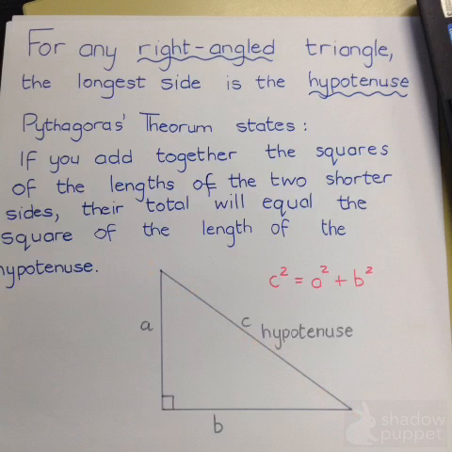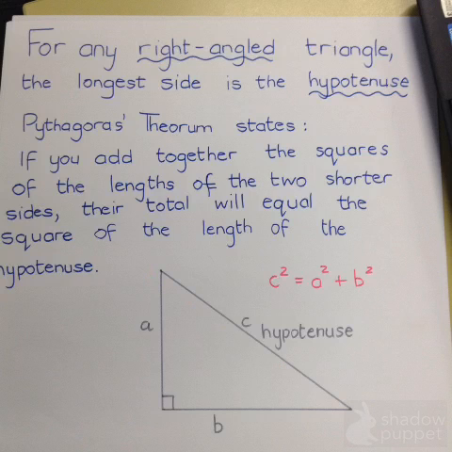The theorem states, if you add the squares of the lengths of the two shorter sides, so if we're talking about the square of that length and the square of that length, the total will equal the square of the length of the hypotenuse. So if you add the square of that to the square of that, you should get the square of the length of the hypotenuse.